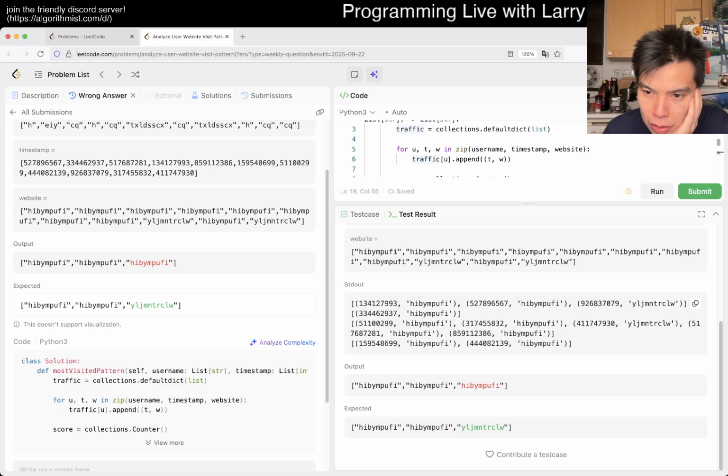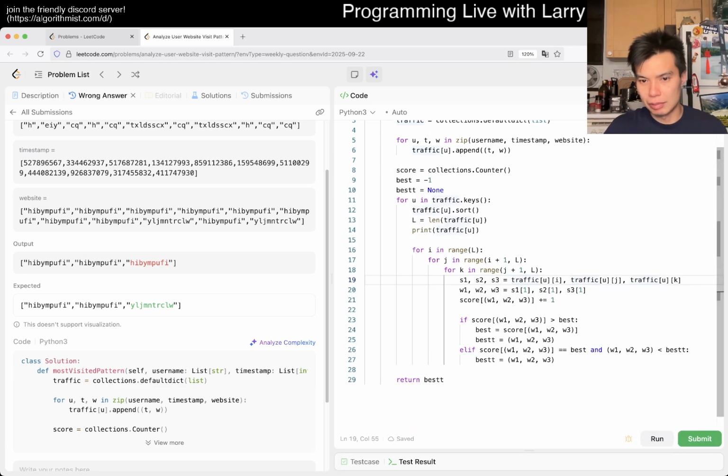This gives 2, right? And now it gives 1, 2, and then 3. It gives 3. So why is it not working?